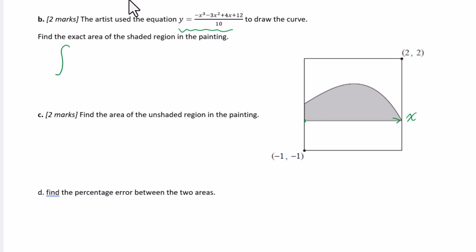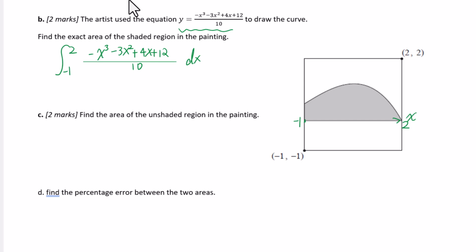The x coordinate here is -1, and the x coordinate here is 2. So the integral from -1 to 2 of negative x to the third power minus 3x squared plus 4x plus 12, over 10, dx.